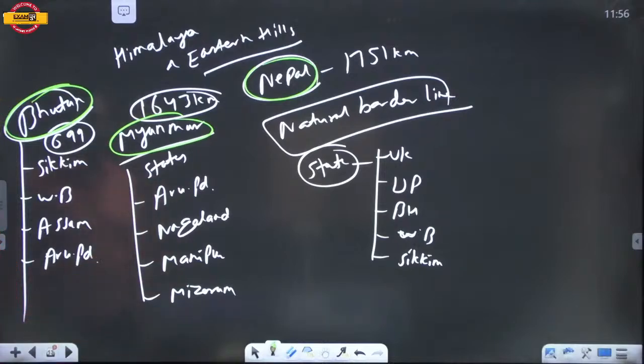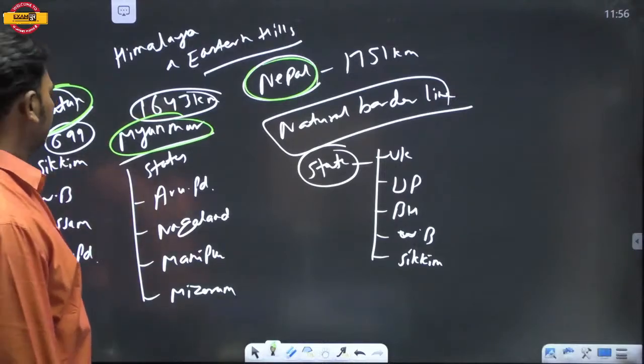There is a length, and the states which have a border with these countries.